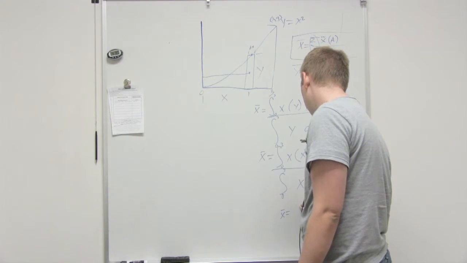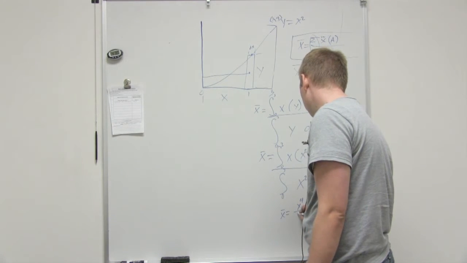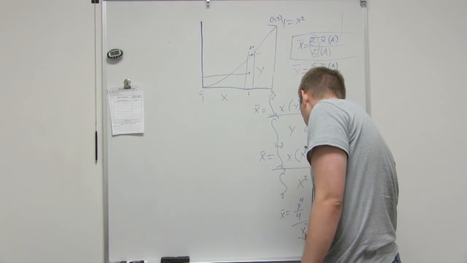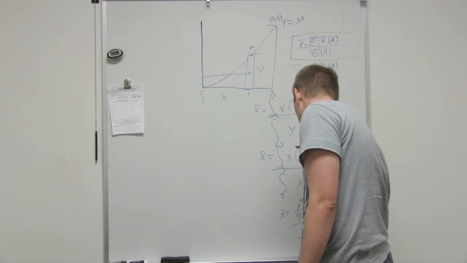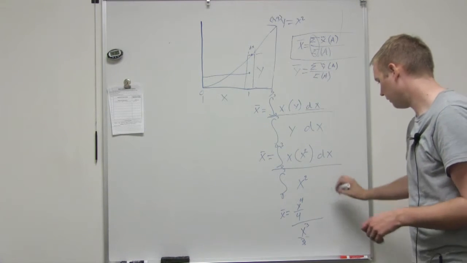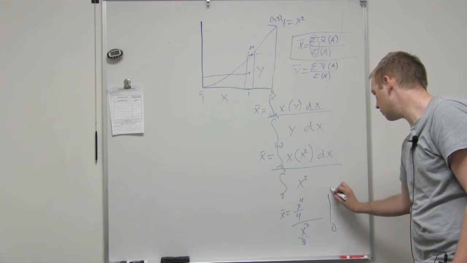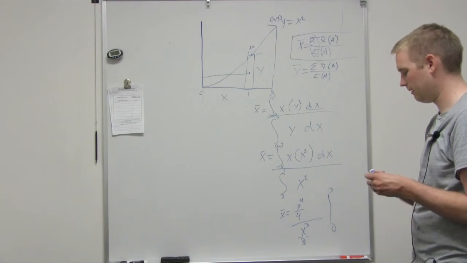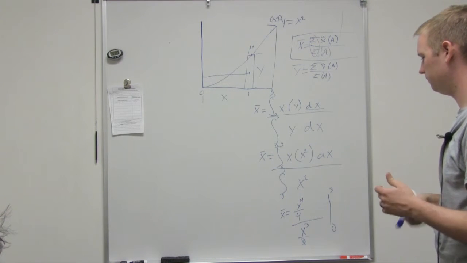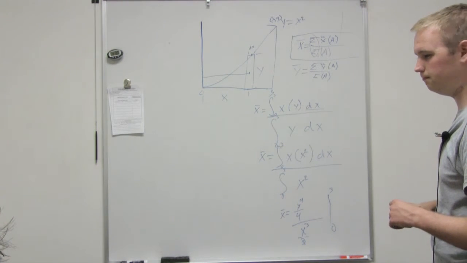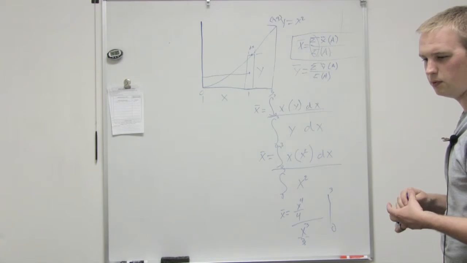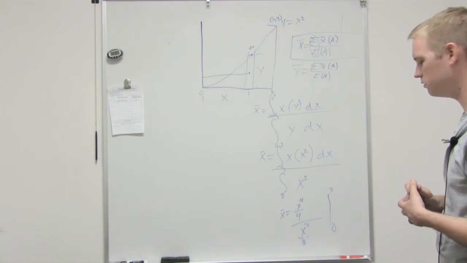So it's gonna be x to the 4th over 4 divided by x to the 3rd over 3, evaluated at 0 to 3. So I'm gonna have 81 over 4 minus 1 over 4 divided by 27 over 3. But where do you get x to the 0?